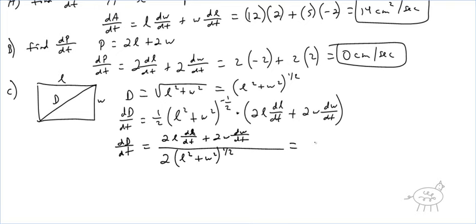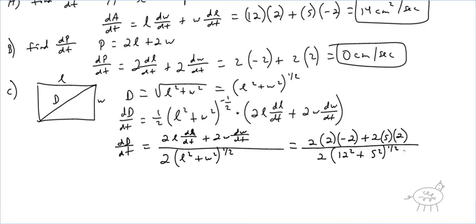But my numbers here are 2 times L, which is 12, dL/dt, negative 2, and then plus 2 times 5 times positive 2, and that's all over 2 times the square root of 12 squared plus 5 squared, to the 1/2 power.